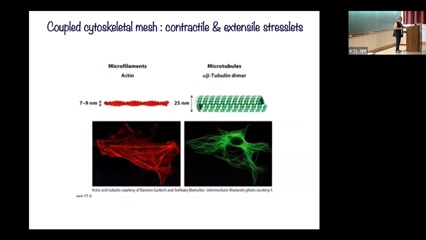Our next goal, future goal in some time, is, remember, the cytoskeleton has two kinds of structures. One is called actin, which is what I described earlier, and the other is called microtubules. The difference between these two, apart from their appearance, is that actin holds tension and microtubules hold compression.